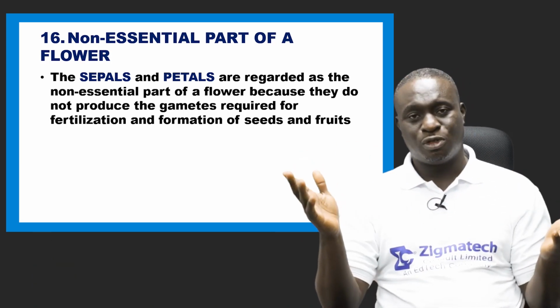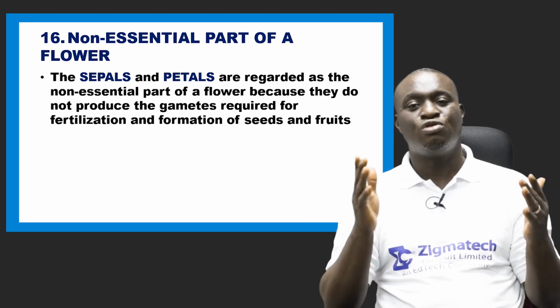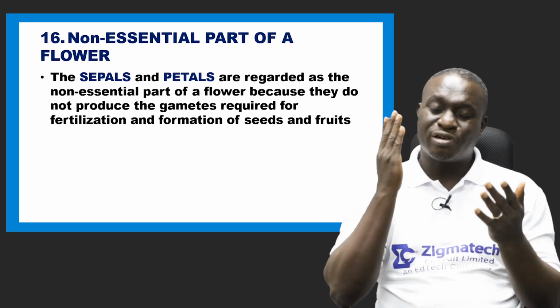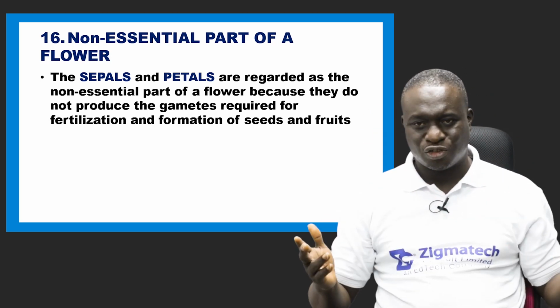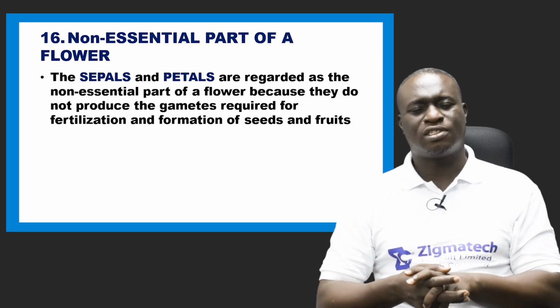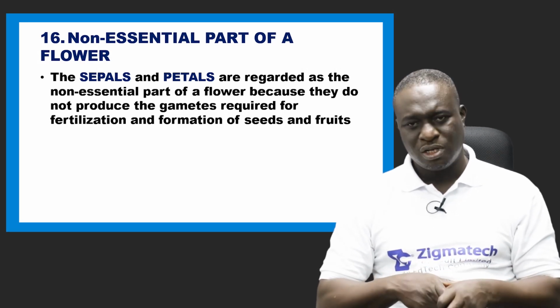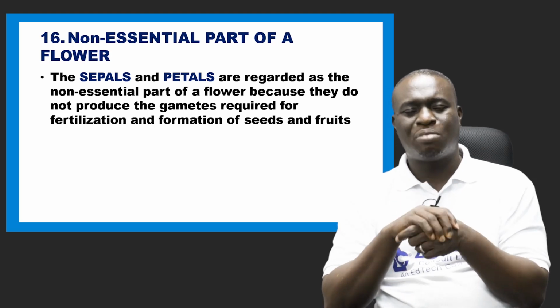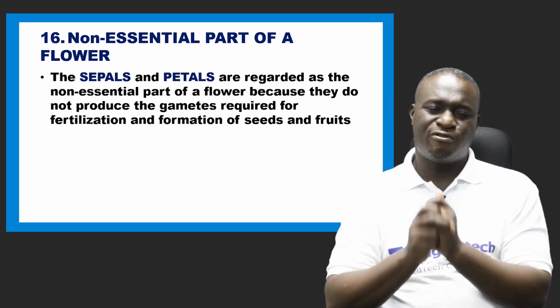The reason is simply because they do not produce gametes, and they are not required for fertilization to take place. And they don't bring about the formation of seeds and fruits. So hence they are referred to as non-essential parts of a flower.